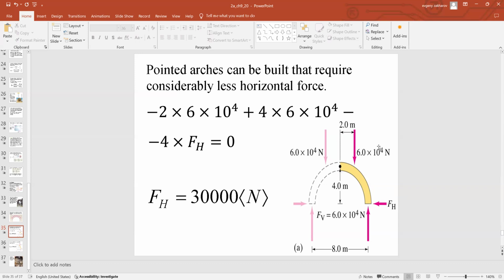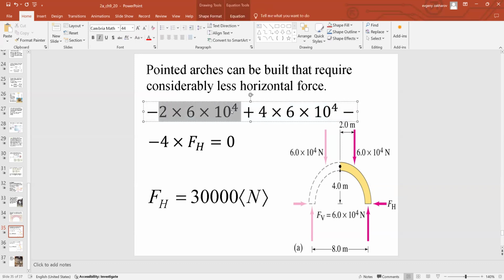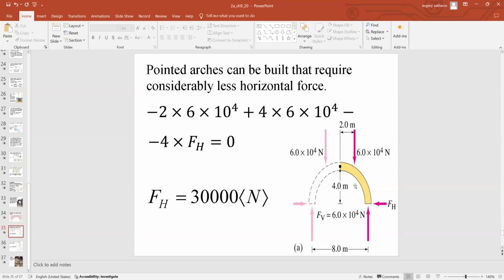Okay, 6 times 10 to the 4th, that's the force. And it's negative because it creates what? Clockwise rotation. So with respect to this point, 2 is the moment arm. If this is the line of action, this is the shortest distance. This is your moment arm. And it's negative because it's clockwise.